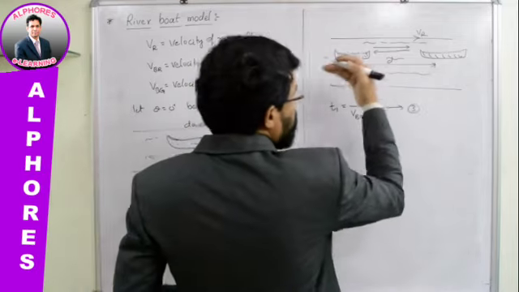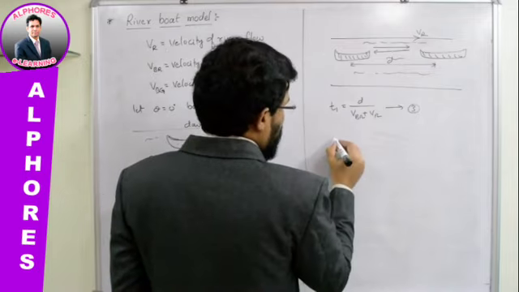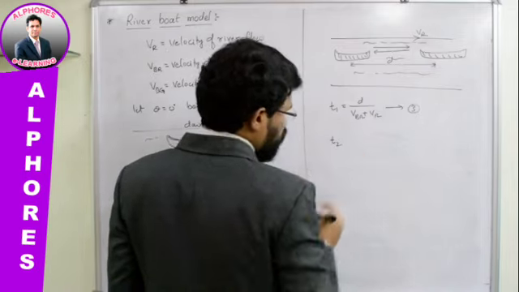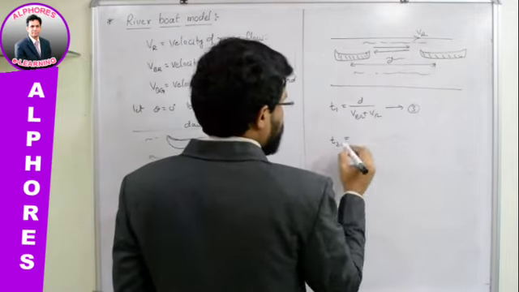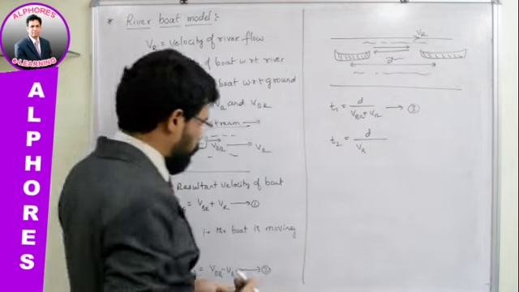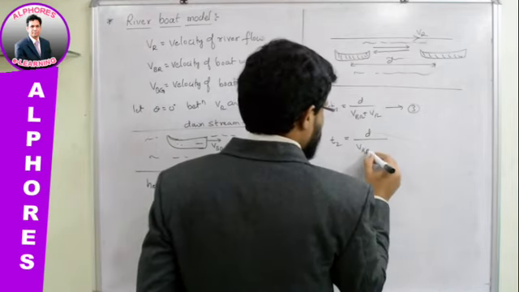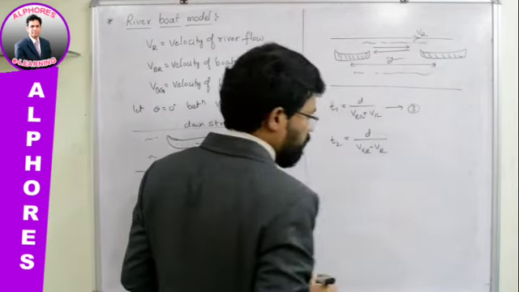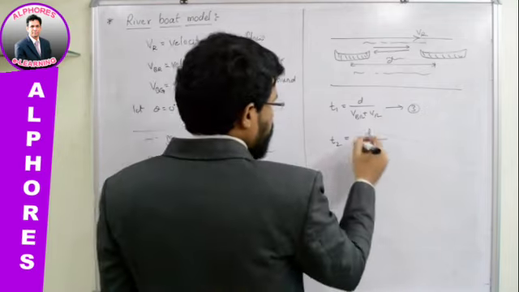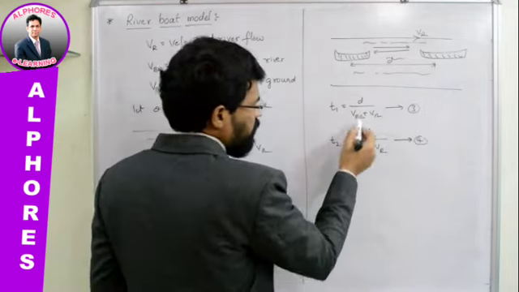When it is traveling upstream, again the same distance d, how much time will it take? Let us assume that as t2. So t2 is equal to d by the velocity when traveling upstream, VBR minus VR.